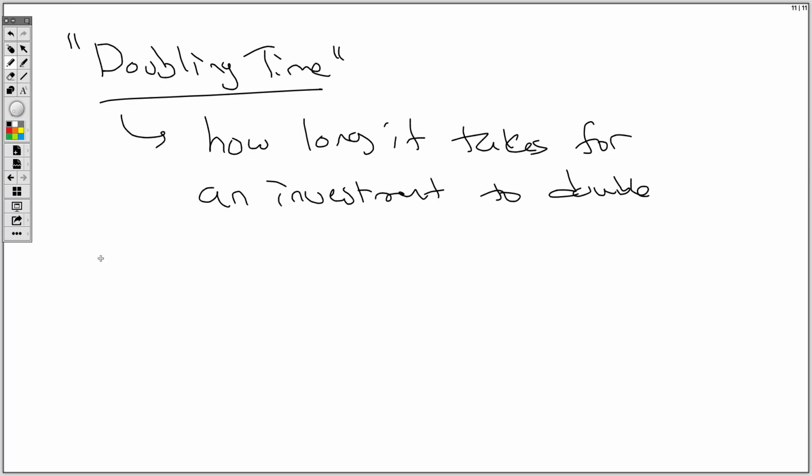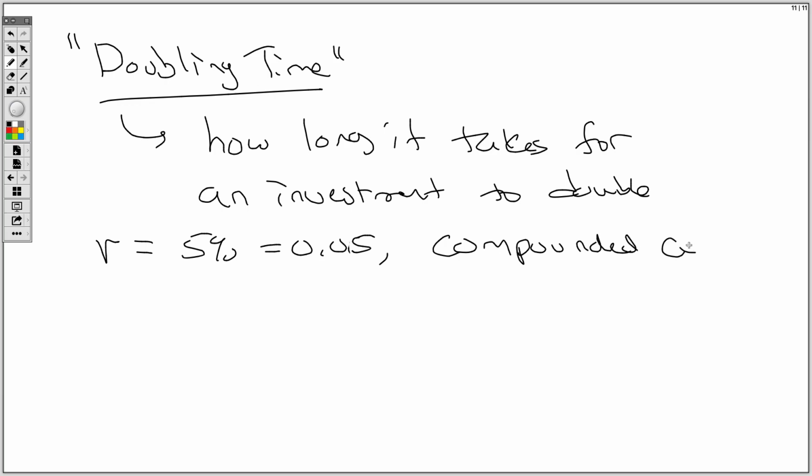So let's take our scenario. Let's say the interest rate here is 5%. And let's say the interest is compounded continuously. Let's make it a little easier on us. Okay? So I know if I'm compounding continuously, I'm using the Pert formula.